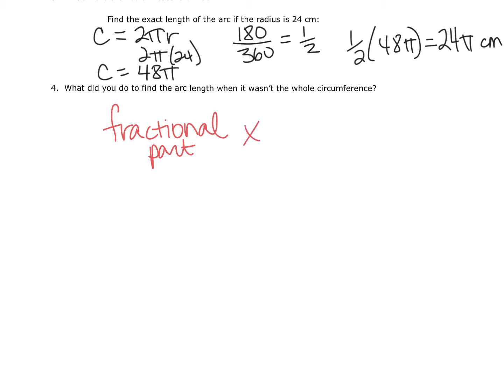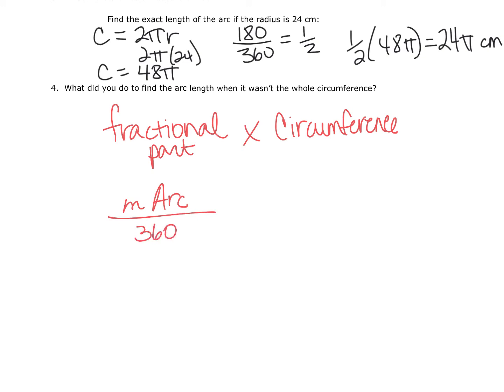We multiply that by our circumference to get the arc length. Basically, what we have here is the measure of the arc over 360 times 2 pi r. And this is our arc length formula.